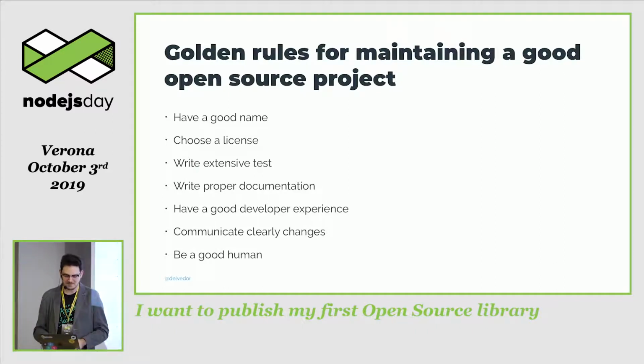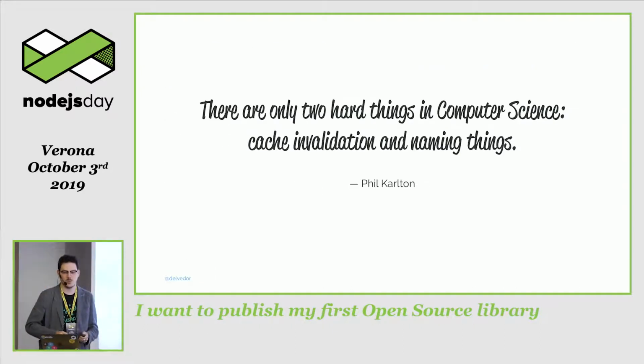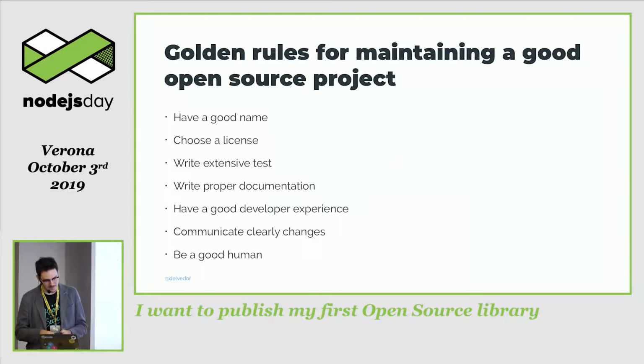A lot of them. Then write proper documentation. We'll talk about this later. Have a good developer experience. This is very, very important. Communicate clearly breaking changes. I guess all of you at some point in your life had this very nice patch that destroyed your entire code base in one command. And finally, this is the most important thing, be a good human. This is very, very important in the open source world.